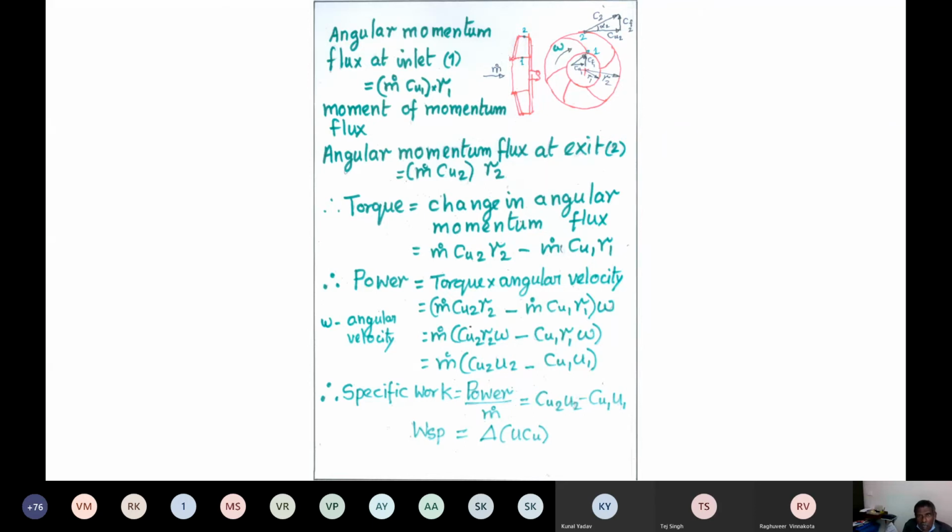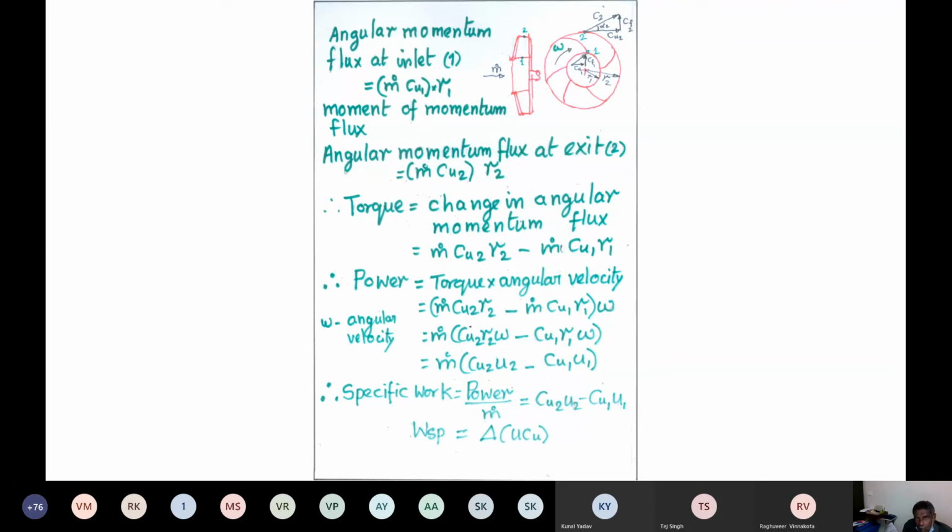the torque should be the change in angular momentum flux. So first we have written the angular momentum flux equation. That is, at inlet it is m dot Cu1 into R1. So it is nothing but the moment of momentum flux.